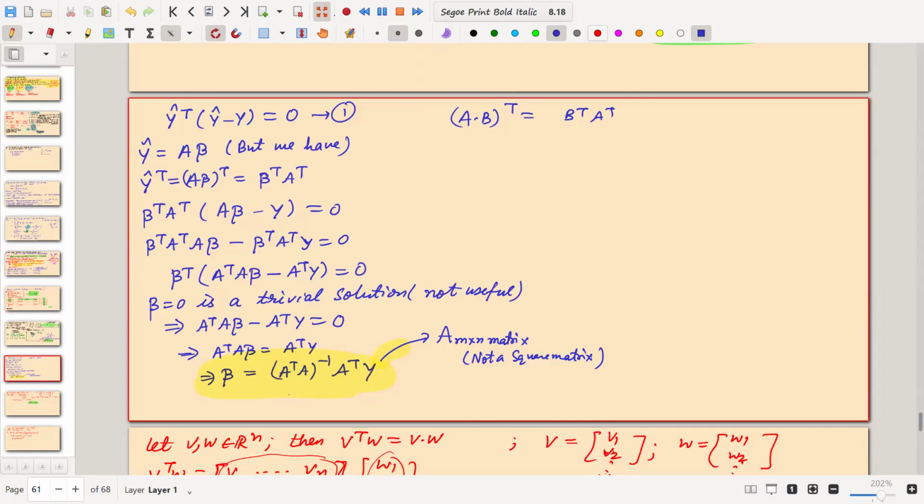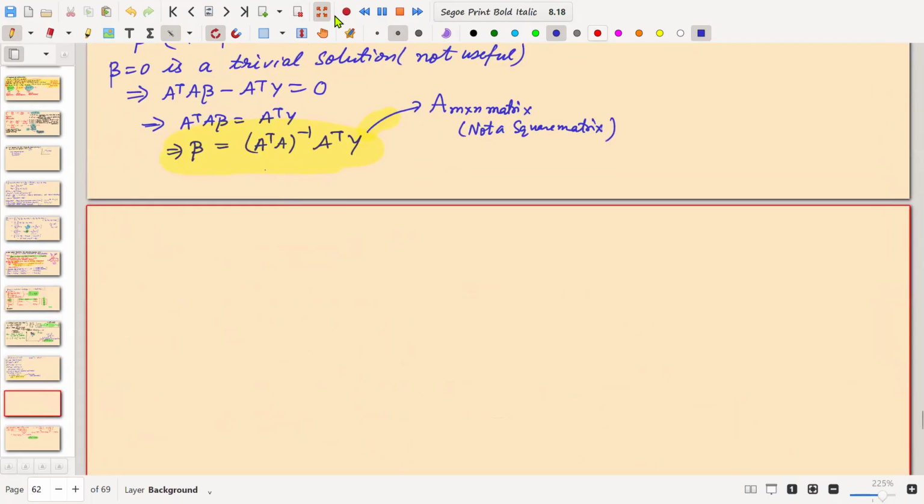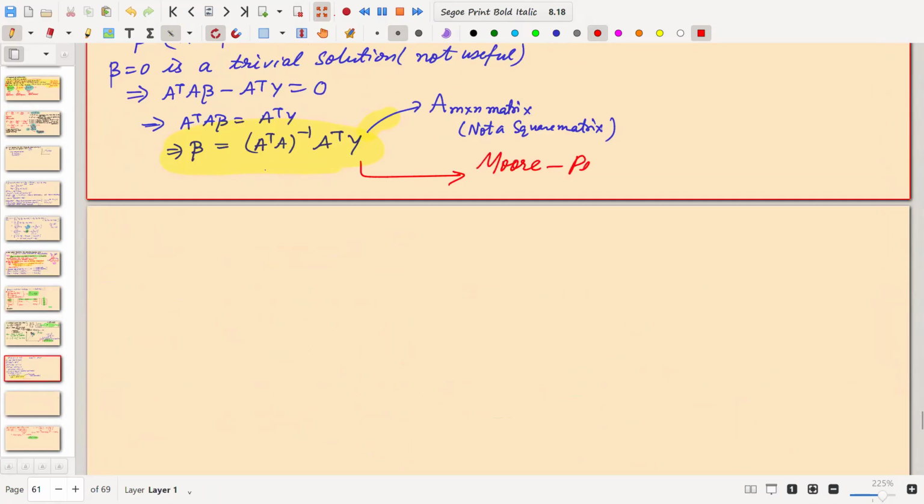Okay. Now this is something very nice, something very interesting, and it deserves a name. Murray and Penrose devised this method, and it is the Murray-Penrose generalized inverse.